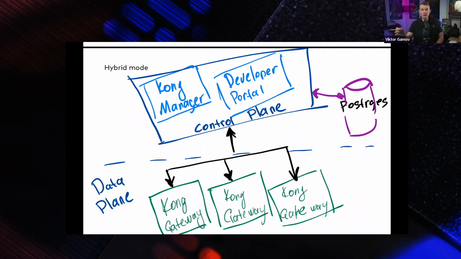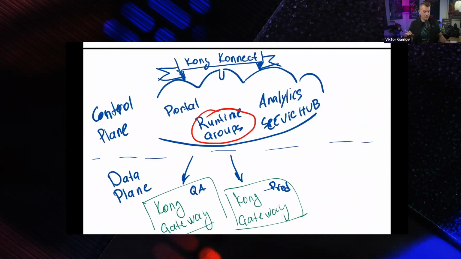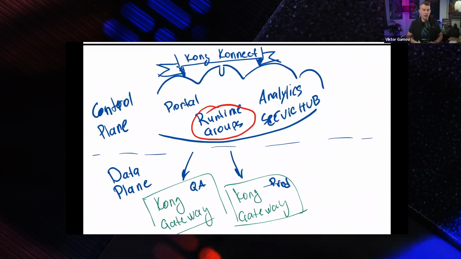For QA, you need to have a QA database to store the Kong configuration, and obviously you need to create the gateways. If you're running this on-prem, you still can use something that we call workspaces to segregate the services. But things like runtime groups, you can get as of now only in Konnect. Hope it makes sense, John.